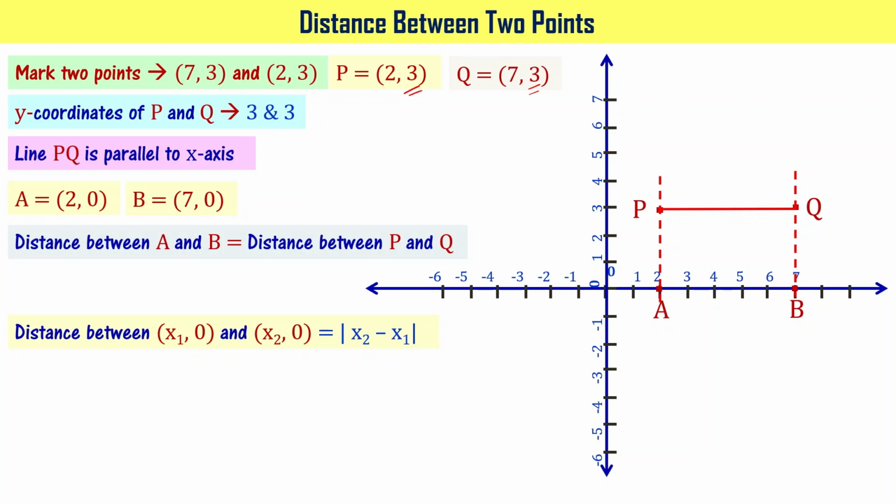As per this formula, the distance between A and B, which are 2 comma 0 and 7 comma 0, is modulus of 7 minus 2, that is equal to 5. That is equal to the distance PQ also, right?